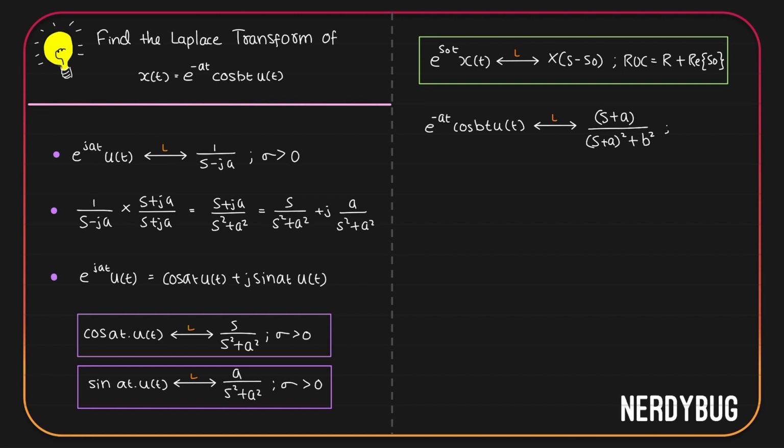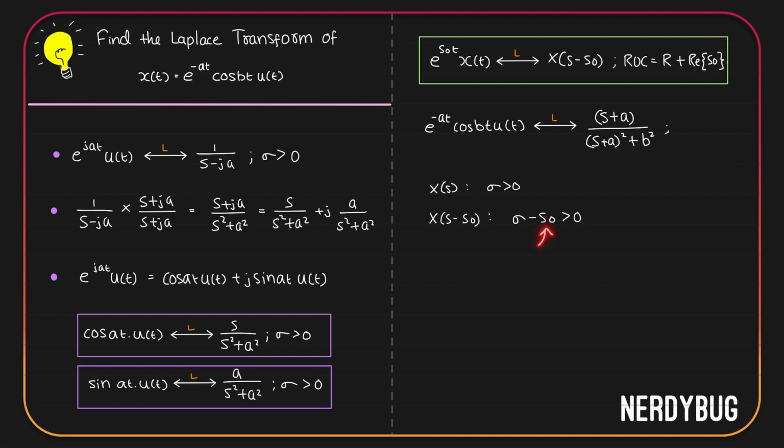We also need its ROC. For x of s, we got ROC is sigma greater than 0. So for x of s minus s naught, we'll have to write sigma minus s naught is greater than 0. But s naught could be a complex variable also, and ROC only depends on the real part of the variable.